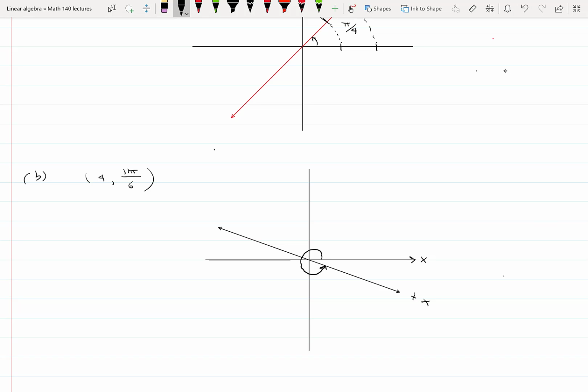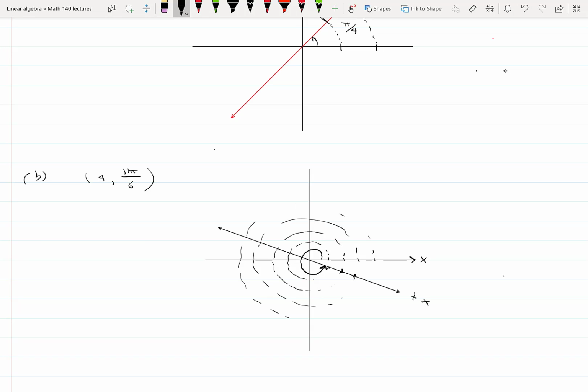If I want to plot the point 4, 11 pi over 6, what I might imagine doing is, along the unrotated x-axis, here's 1, 2, 3, 4. Then along the rotated x-axis, I would go 1, 2, 3, 4.